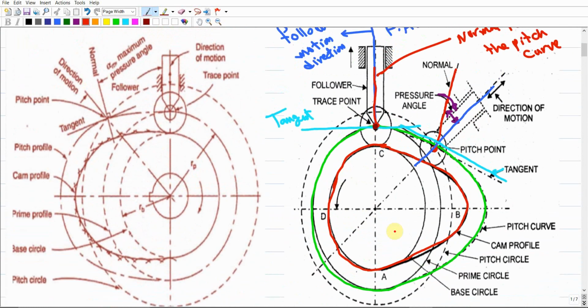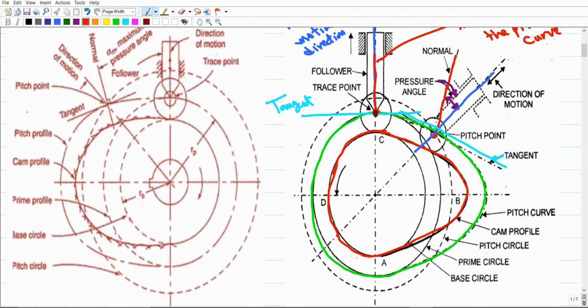As we give rotation to the cam, this trace point is the point that should be traced over the displacement diagram of the follower. You could consider that if we expanded the pitch curve, it should give us the exact displacement diagram of the follower that we already considered before. Makes sense?